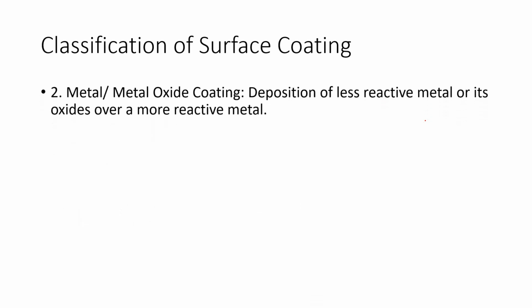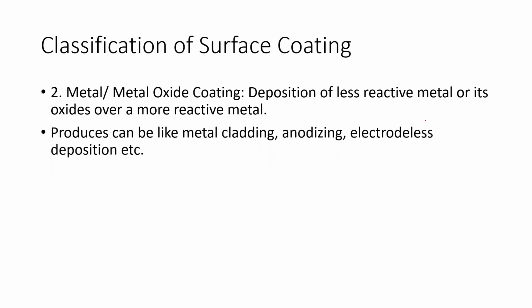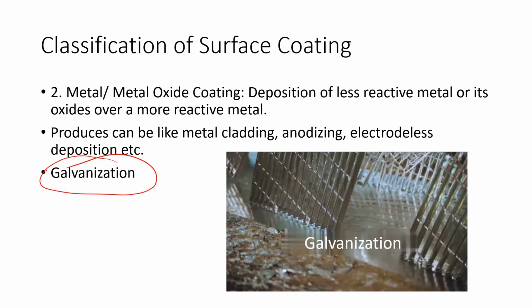Now this is our second classification, that is metal or metal oxide coating. What is metal or metal oxide coating? This is a type of coating which involves deposition of a less reactive metal or its oxides over a more reactive metal. It can be done by metal cladding, anodizing, electroless deposition, etc. There is a special one, that is galvanization.